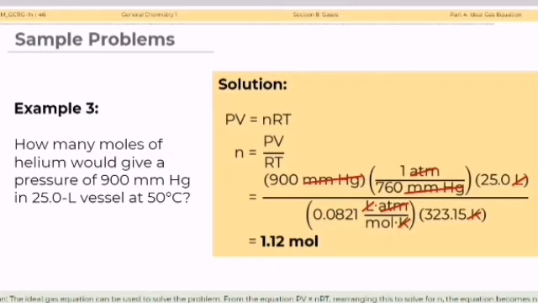So n is equal to 900 millimeters of mercury times the conversion factor of 1 atmosphere divided by 760 millimeters of mercury times 25.0 liters divided by the quantity of 0.0821 liter atmosphere per mole Kelvin times 323.15 Kelvin. Canceling the units and simplifying, we get 1.12 moles.